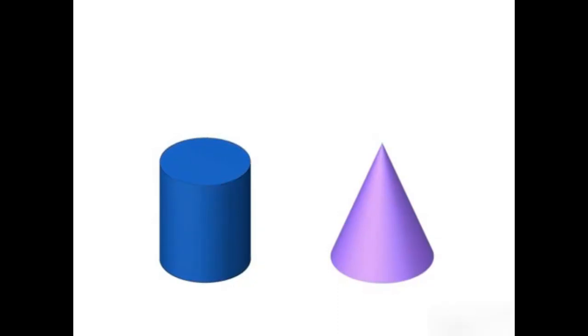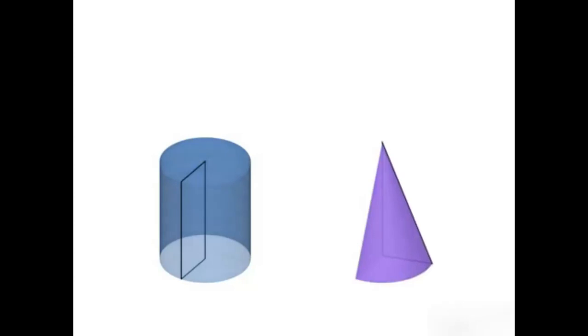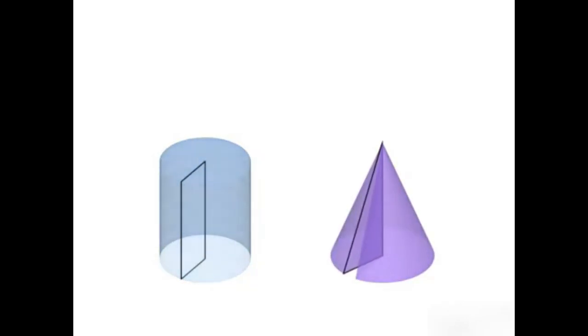A cylinder is a solid of revolution obtained when a rectangle is revolved about one of its sides. A cone is generated by revolution of a right-angled triangle having a circular base and a vertex.